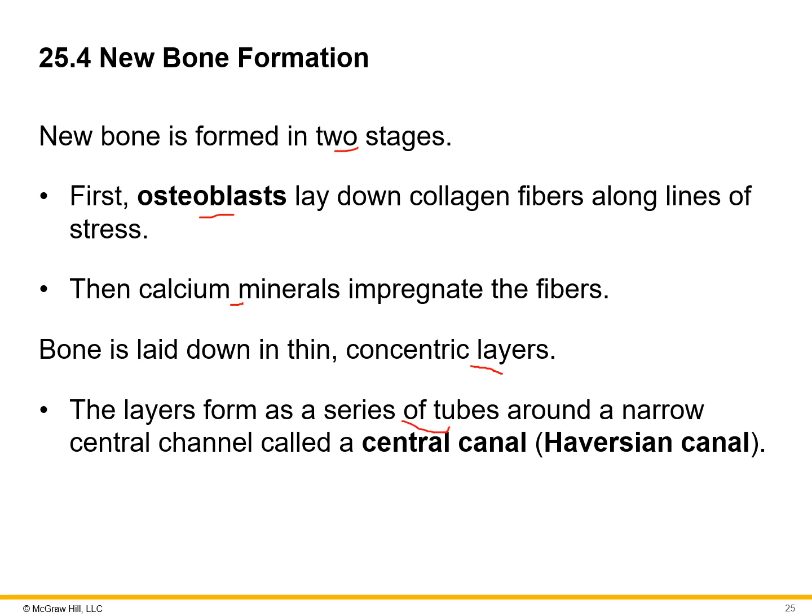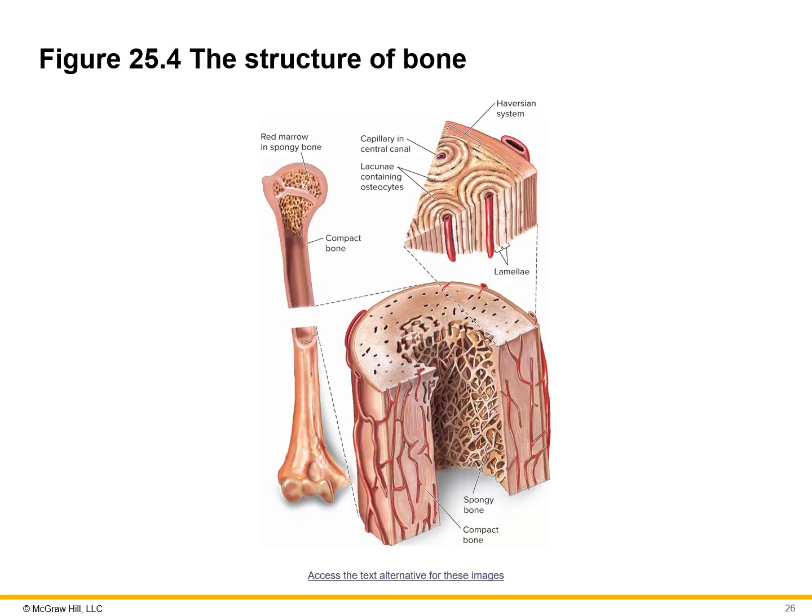They also have tubes around a narrow channel called the central canal or the Haversian canal, and that's going to allow blood flow and nutrient flow to provide nutrients to all of those cells. So again, just kind of looking here at the bone, so the outside, that compact bone where it's nice and compact or solid versus the spongy bone that we see on the inside where we have some bigger gaps there.